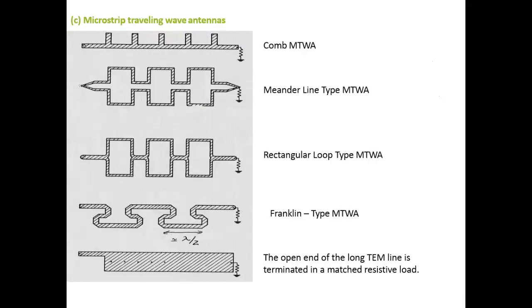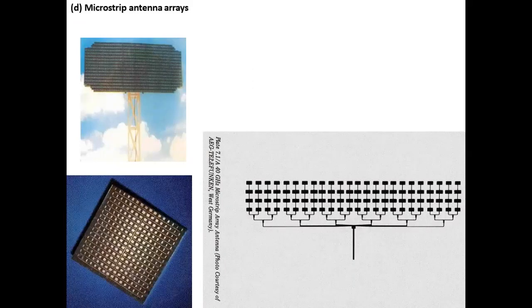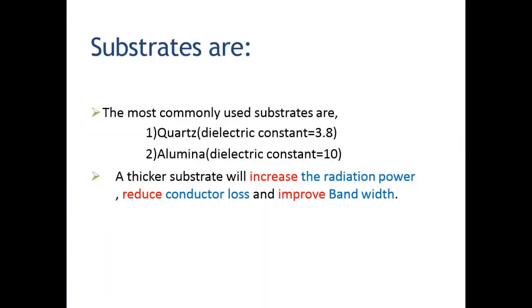Here also different microstrip traveling wave antennas: Chebyshev line type of MTWA, rectangular loop type of MTWA, Franklin type of MTWA. The open end of the long transmission line is terminated in a matched resistive load. The different microstrip antennas are shown in this diagram.